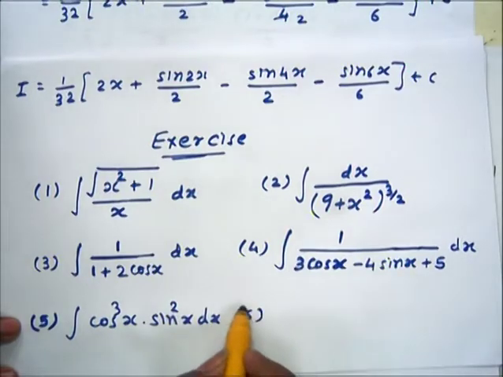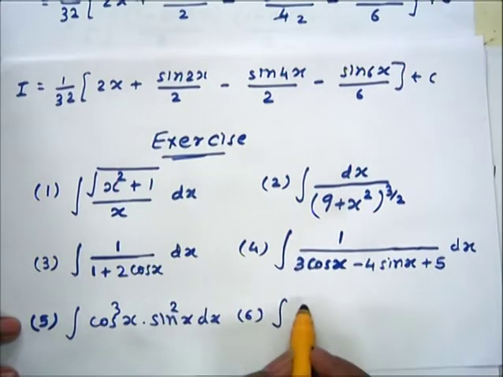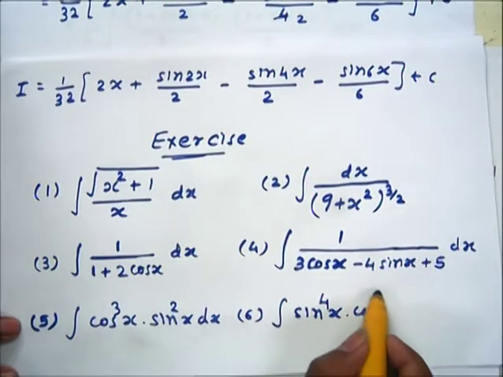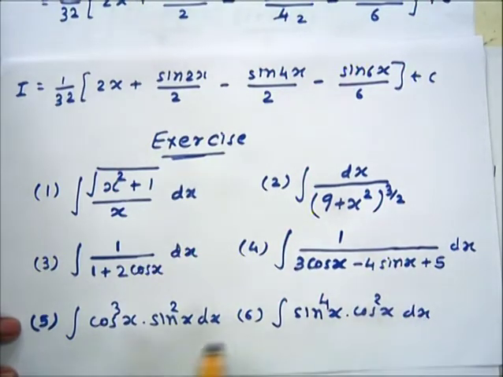And sixth, integration of sin raised to 4x. In the fifth you have to take the substitution sin x equal to t, because the power of sin is 2 which is even, and the cos power is odd. And in the sixth, both powers are even, so you have to use the formula sin square x equal to 1 minus cos 2x by 2, and cos square x will be 1 plus cos 2x by 2.